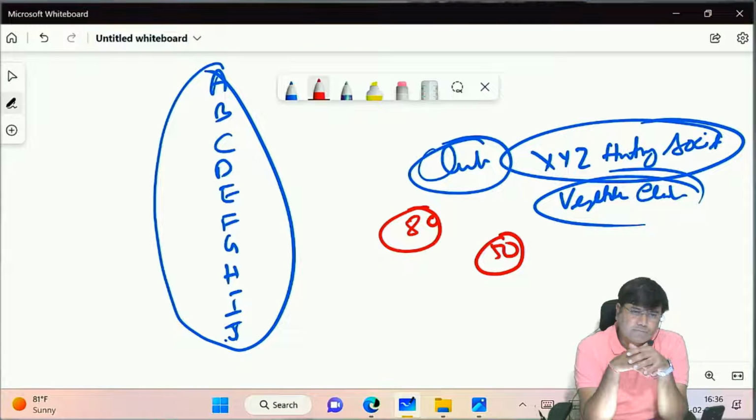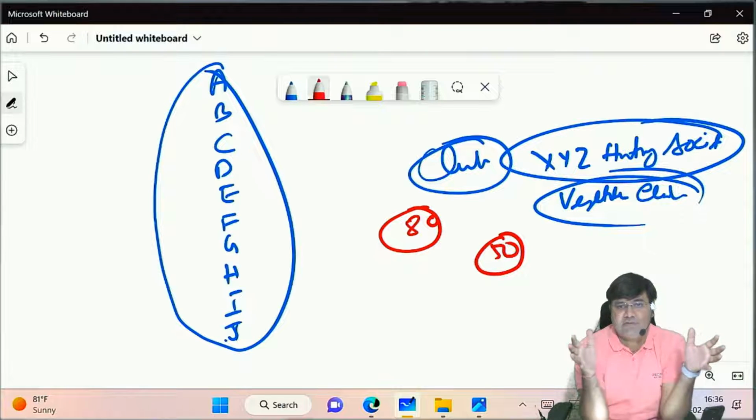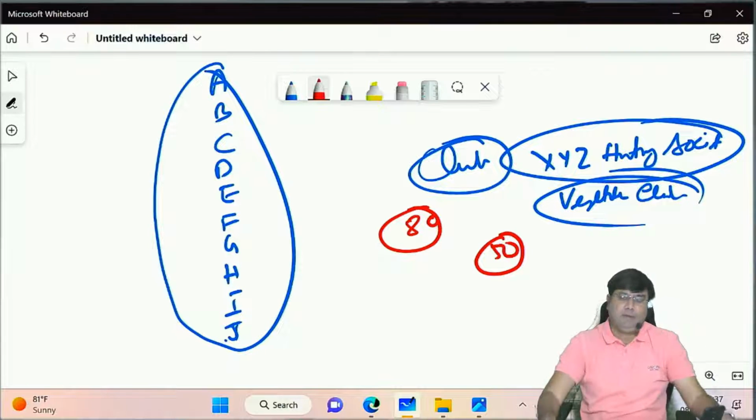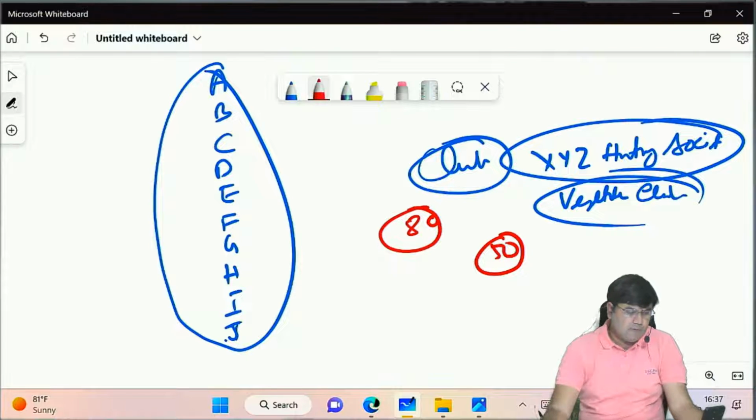Okay. So this concept is called the concept of mutuality, where these A, B, C, D, E, F, G, H, I, J, these people have formed the club so that they can get the benefit because of their mutual interest. And the club is not going to make money. So when the concept of mutuality came into the picture, it was also there in the Constitution of India.